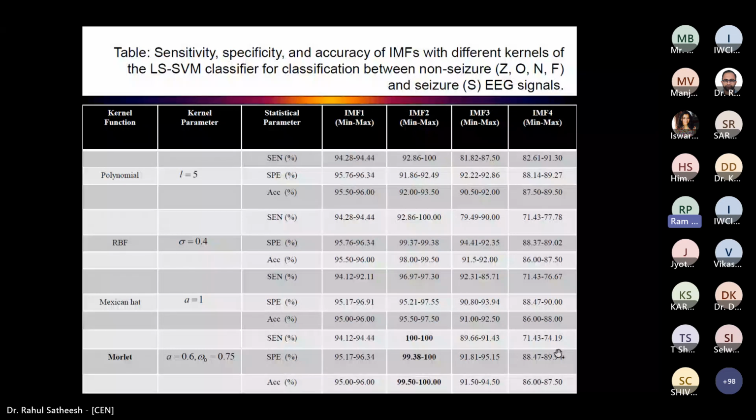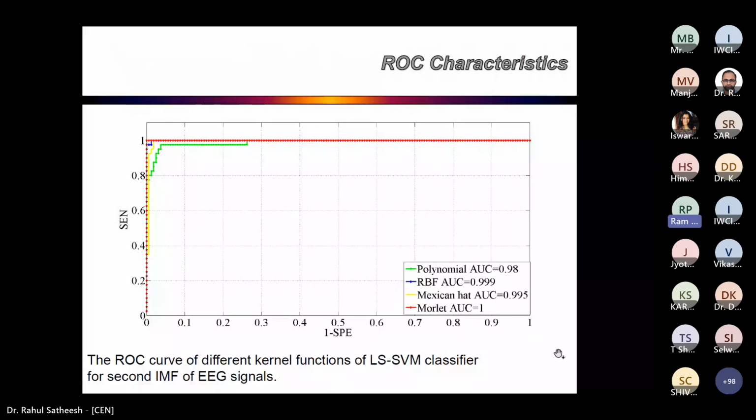Next slide. Validated using the receiver operating characteristic, ROC. So the area under ROC measures the strength, the performance of the classifier. If it is coming to 1, this is ideal, and if it is less than 1, it shows lower performance.